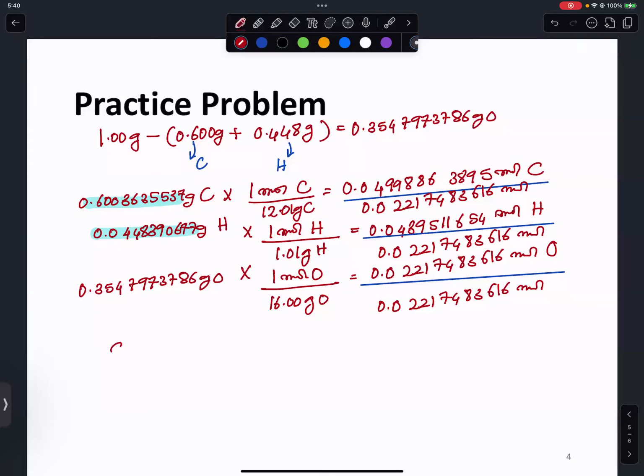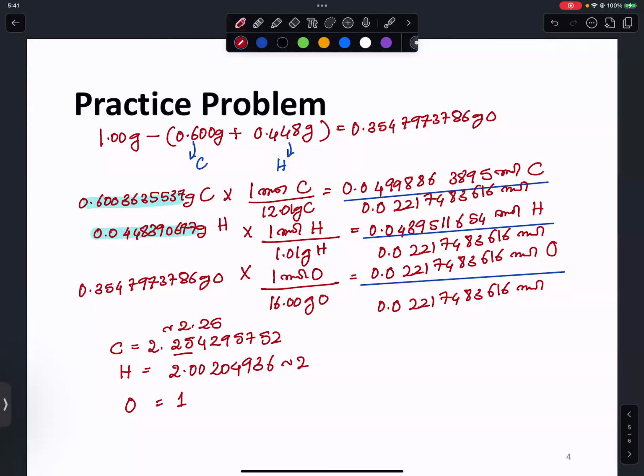For carbon, I got a ratio of 2.254. And for hydrogen, I got 2.002. And for oxygen, I got 1. Now note here, this can be rounded to 2. This is 1. And I have a value around 2.25.